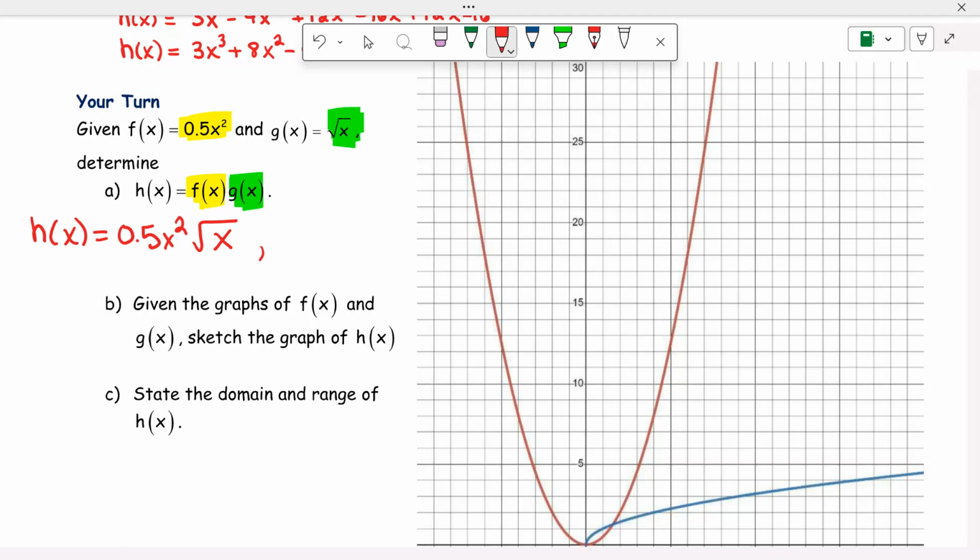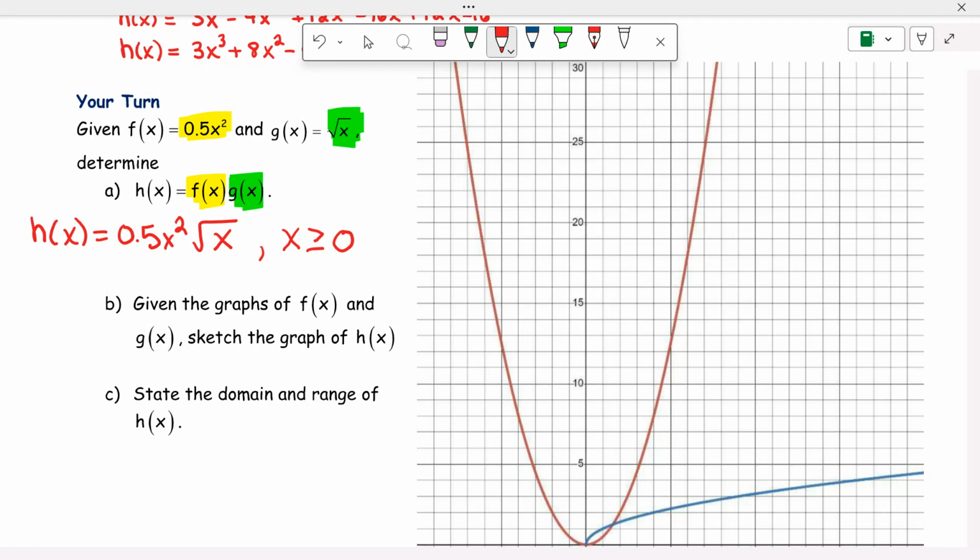Before we do anything else, guys, does that new function have restrictions? Yes. What can we not take the square root of? Negative numbers. So therefore, before you even start, we know that x has to be greater than or equal to what? 0, exactly.